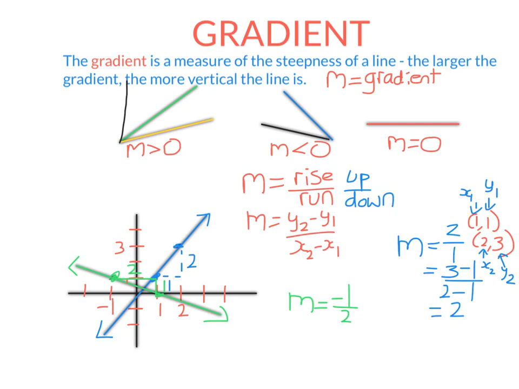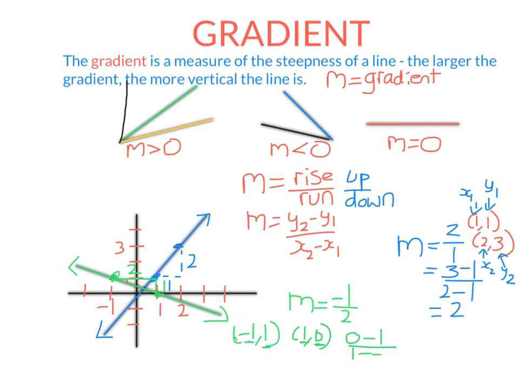We would have got the exact same answer if we used this formula here. The first point over here is the point (-1, 1). And the second point, remember we always list x first, this point here, is the point (1, 0). We would have got the same answer, because we would have gone y2, the y coordinate of the second point, minus the y coordinate of the first point, over x2, the x coordinate of the second point, minus x1.